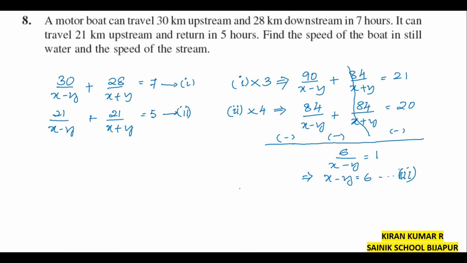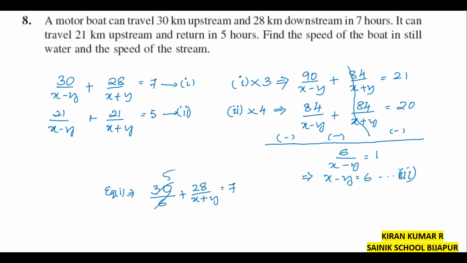Now let us substitute x minus y is equal to 6 in our equation. So let me take equation 1. 30 upon x minus y, which is 6, plus 28 upon x plus y equal to 7.